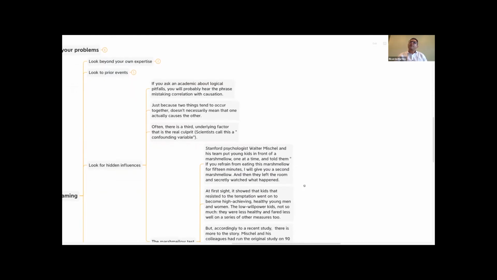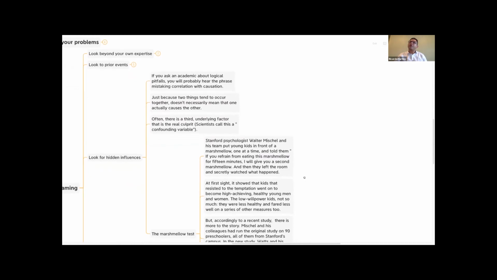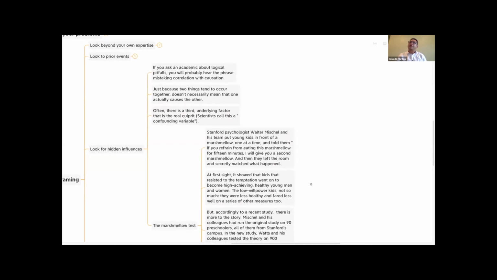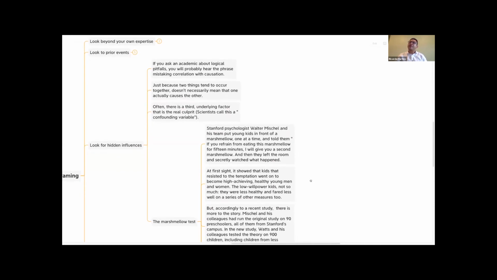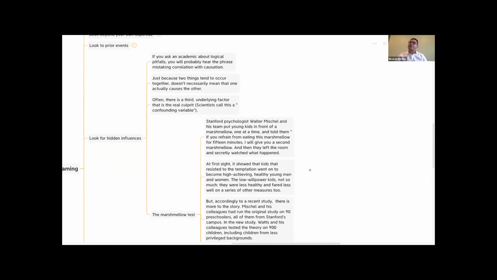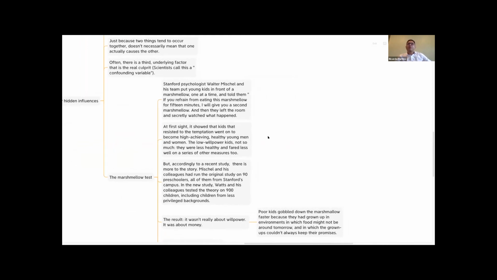Mischel and his colleagues had run the original study in 90 preschoolers, all of them from Stanford's campus. In the new study, Watts and his colleagues tested the theory on 900 children, including children from less privileged backgrounds. The result is it wasn't really about willpower, it was about money. Poor kids gobbled down the marshmallow faster because they had grown up in environments in which food might not be around tomorrow.